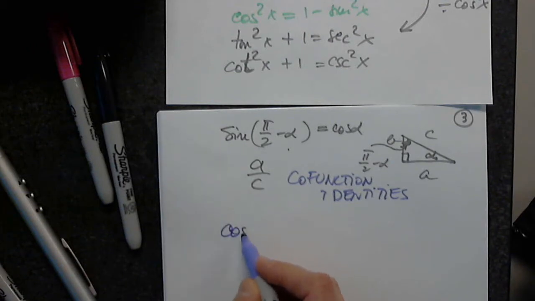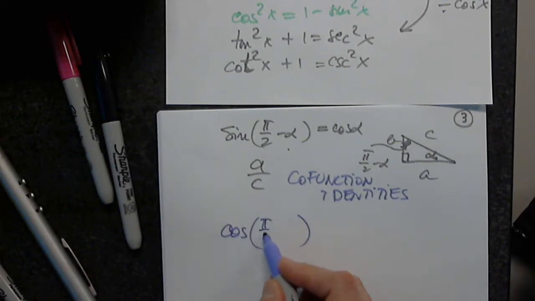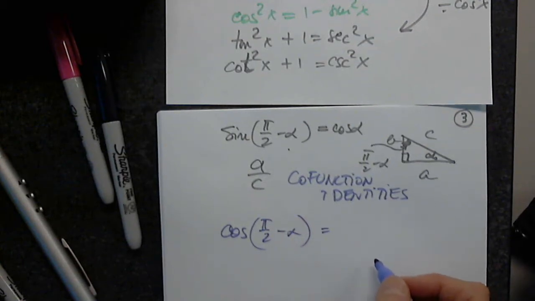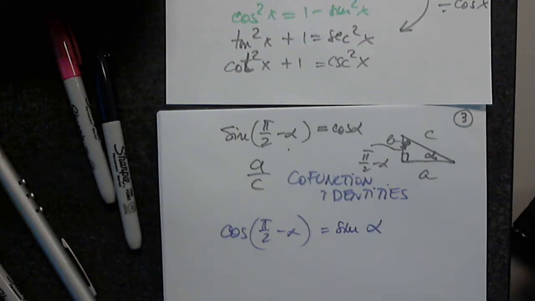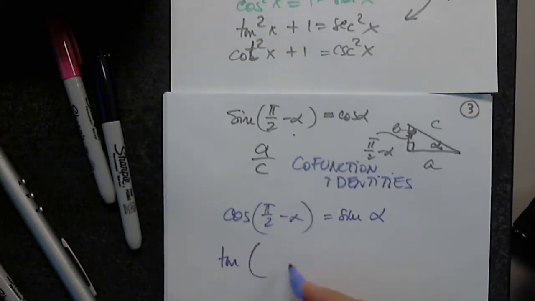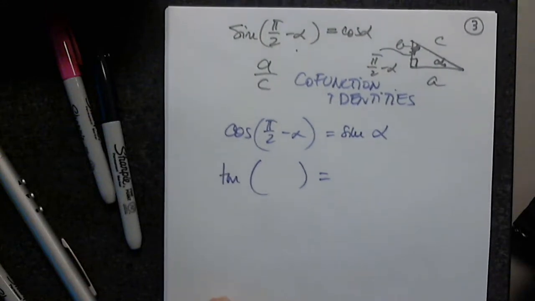Cosine of pi over 2 minus alpha is the same as sine of alpha. Good. Now I want tangent. Make one up with tangent.